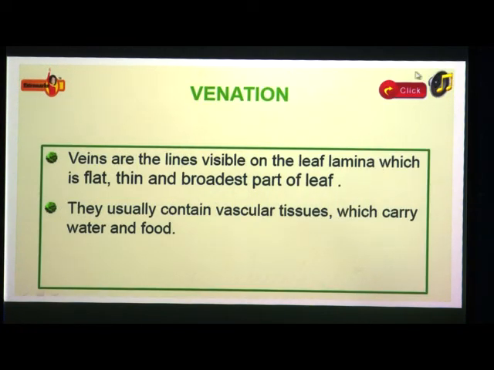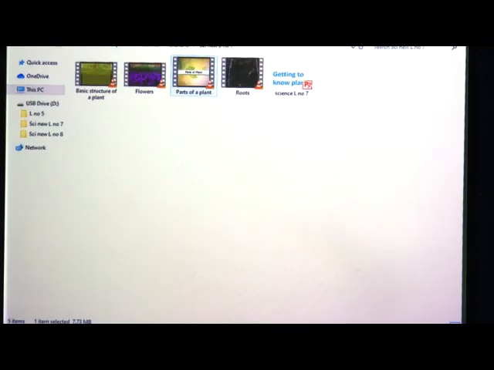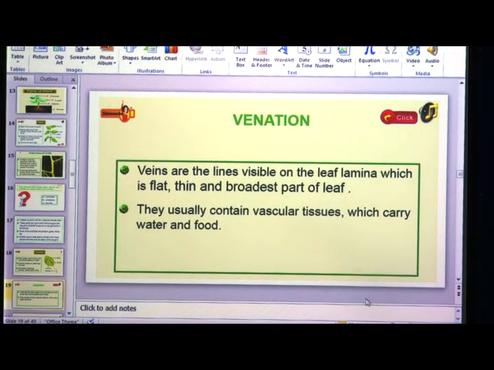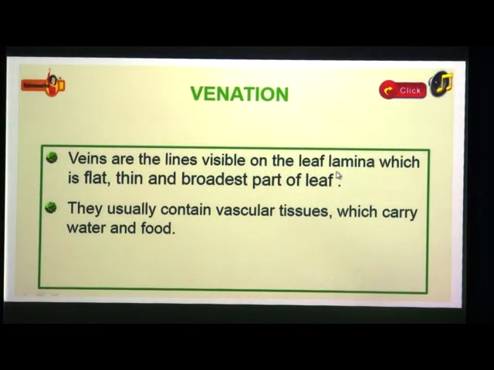Venation. Veins are the lines visible on the leaf or lamina, which is the flat, thin and broad part of the leaf.